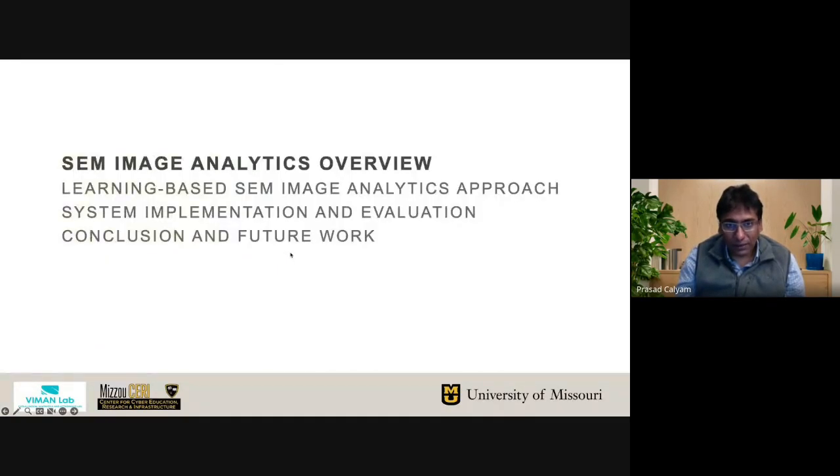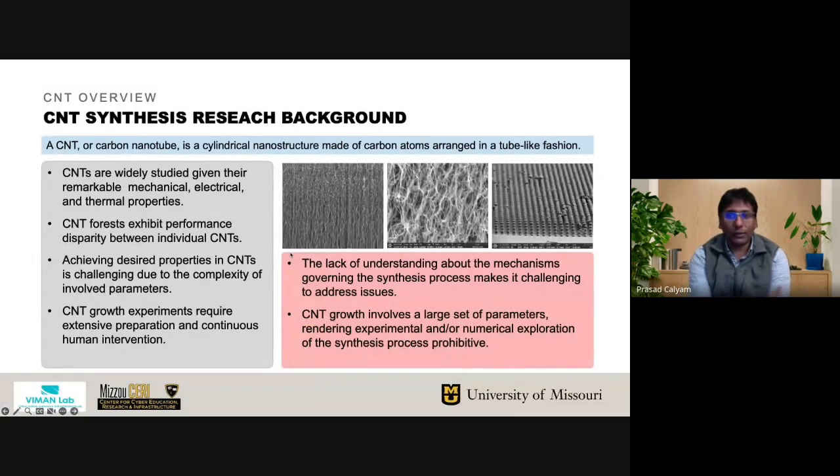And let's start with what the problem we're looking at, right? The specific domain problem we're looking at is in material science, where we develop these carbon nanotubes. And the synthesis is a very interesting and complex process.